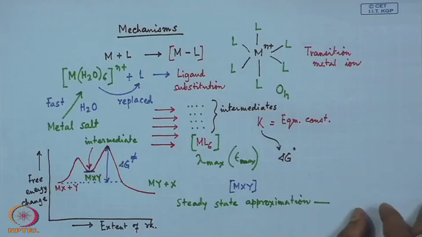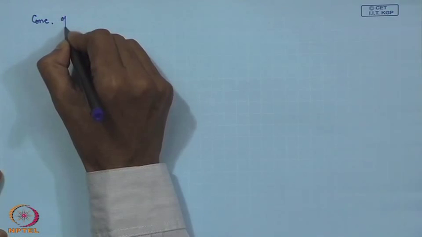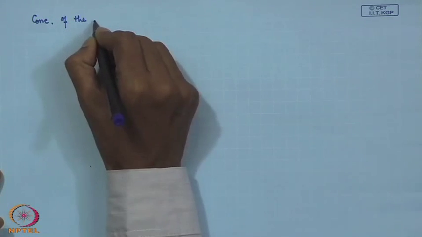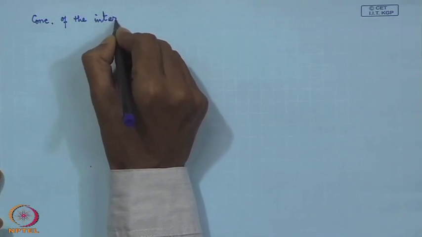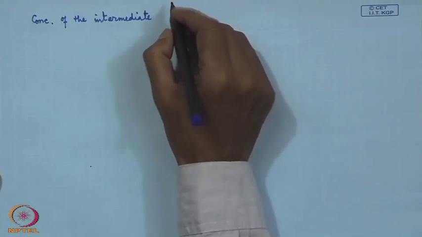Here we consider the concentration of the intermediate, in which case we will find that the concentration of the intermediate is assumed to be small.